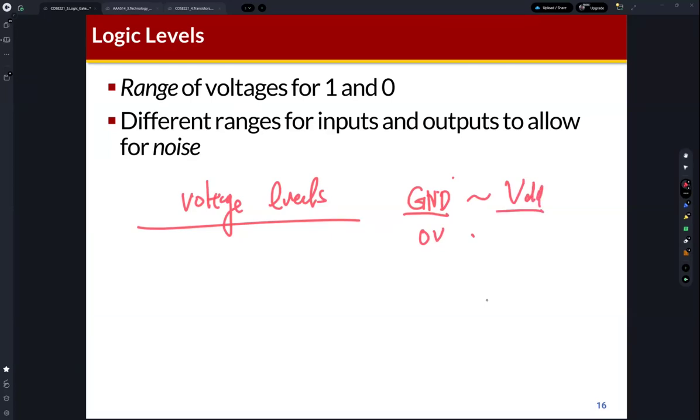VDD is the supply voltage. So what is the supply voltage?